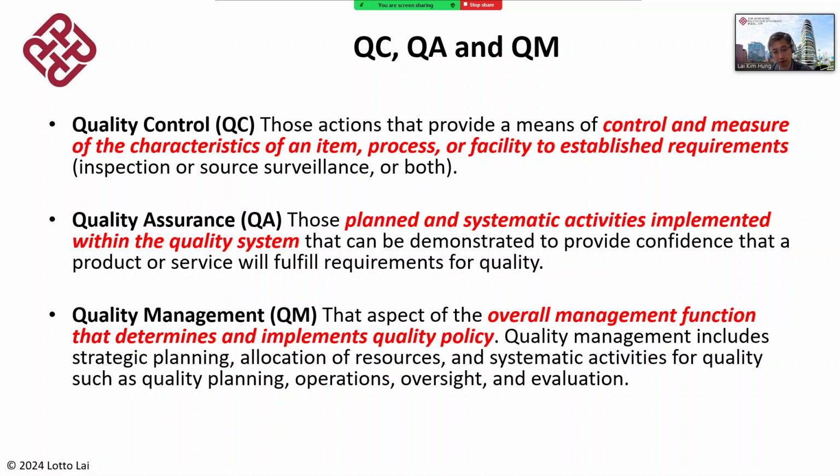You have a quality policy, you have different management skills and assign different parts. Different parts have quality officers who work together. It involves your strategic planning, allocating your resources, and systematic activities for quality such as quality planning, operation, oversight, and evaluation, etc.